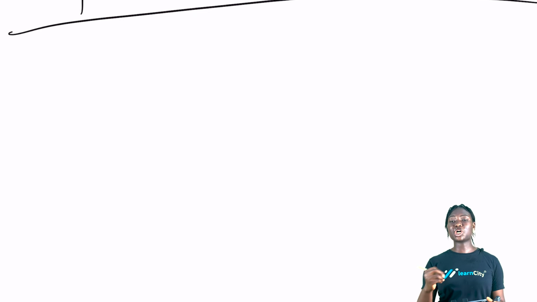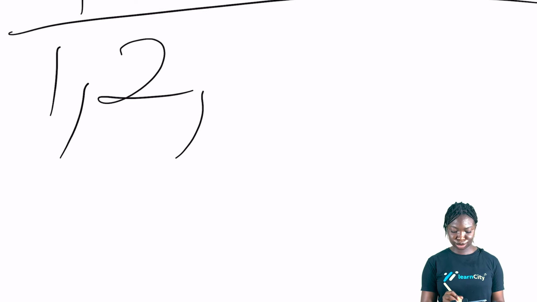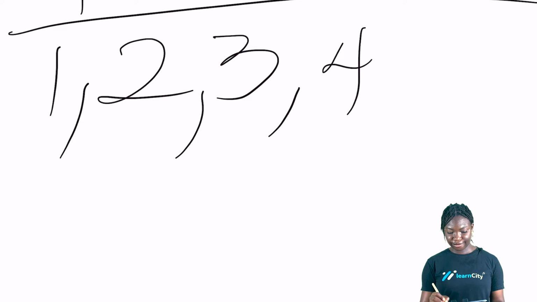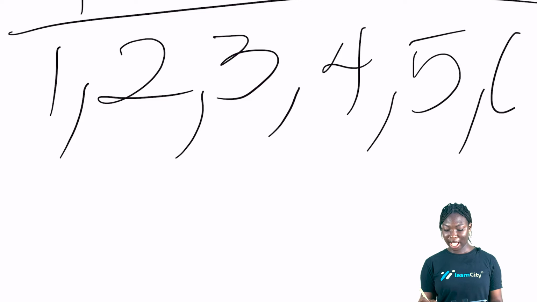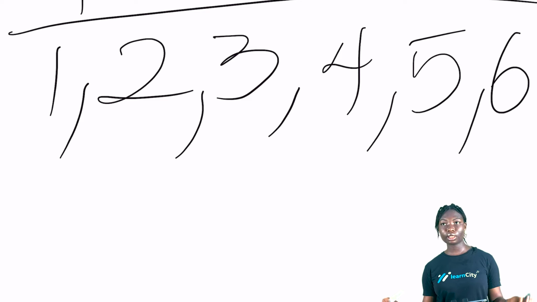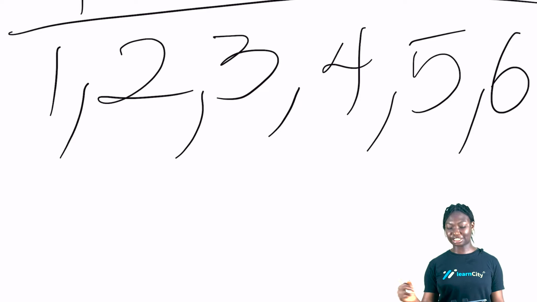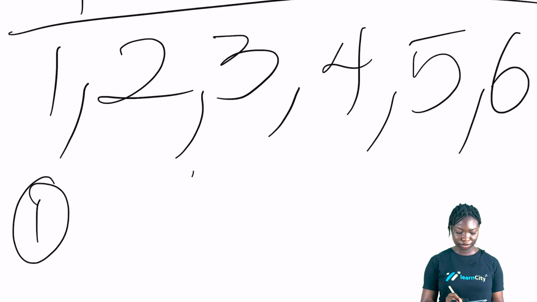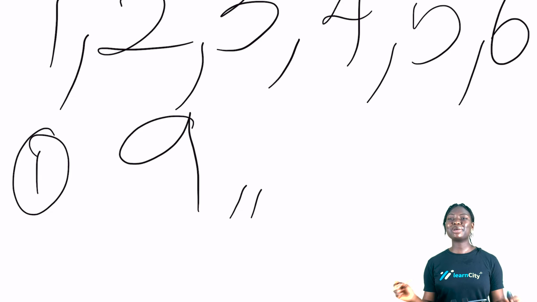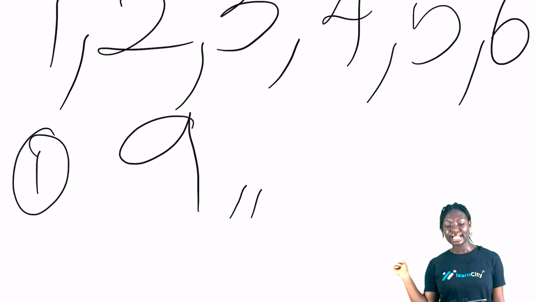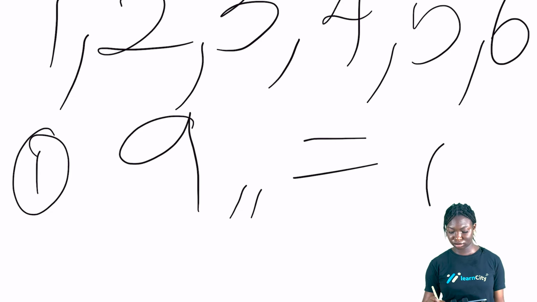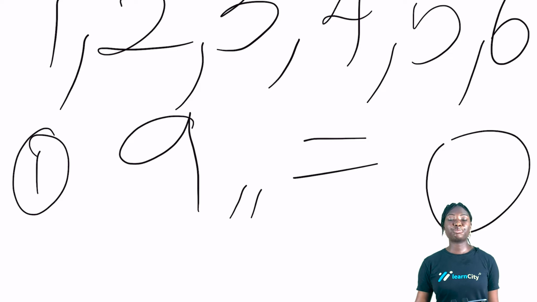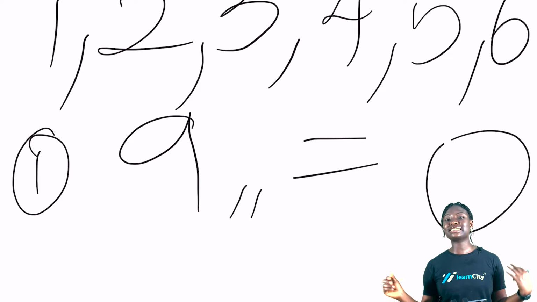So, Jesse throws a fair 6-sided die, which has 1, 2, 3, 4, 5, and 6. Now, what is the probability that she throws a 9? The probability that she throws a 9 is 0 or null, because a die has 6 faces.